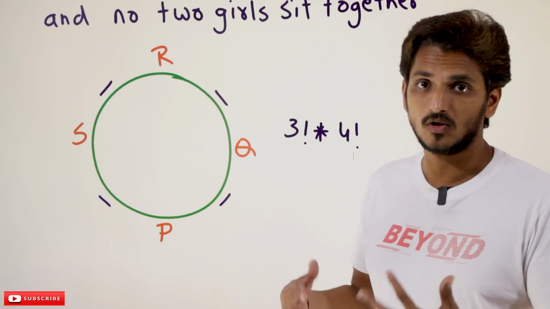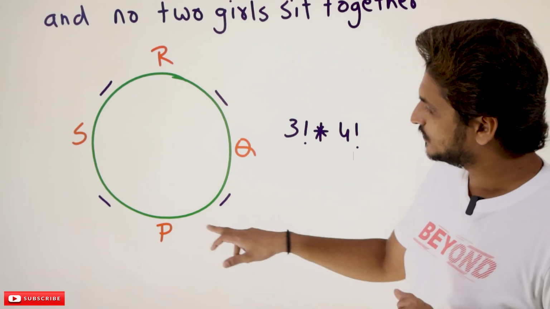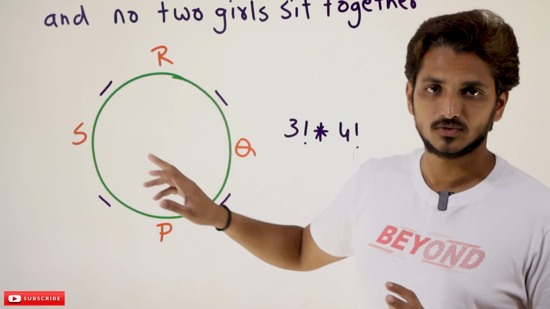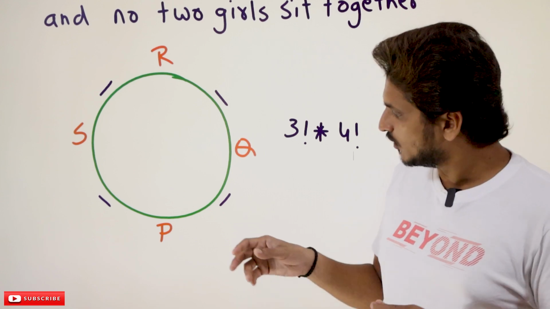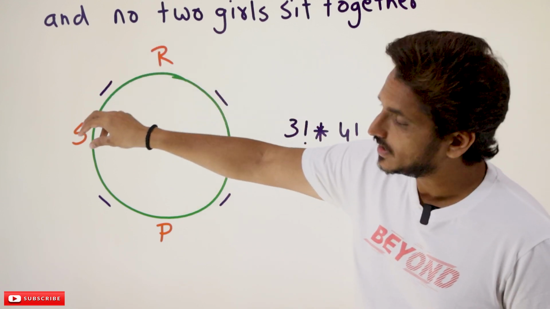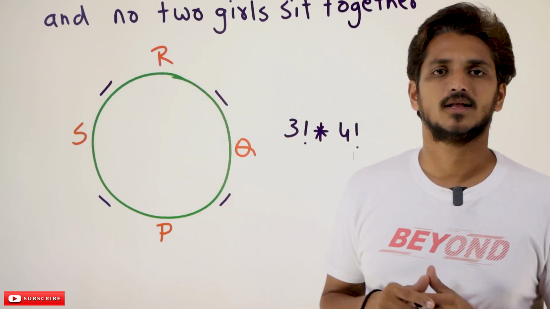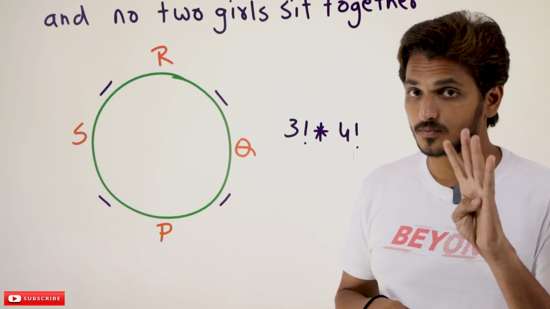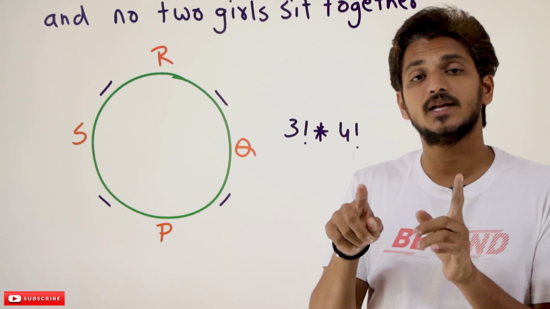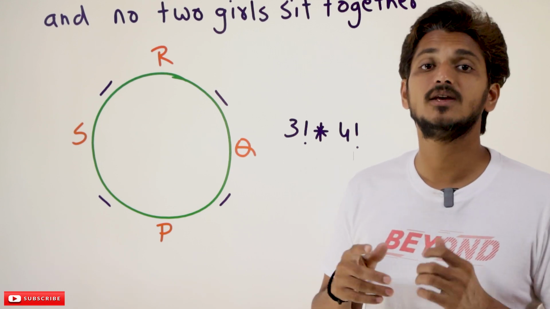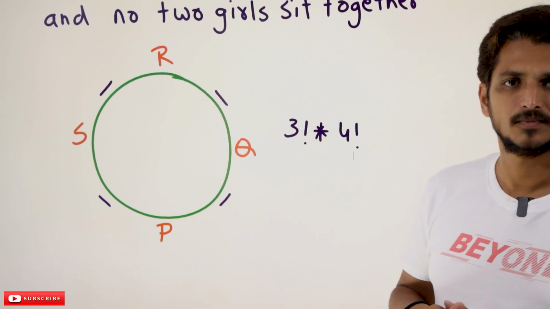Now how to solve this? Let's take P, Q, R, S, only the boys. Now we are going to arrange these boys in circular order. 4 boys can be arranged in circular order in 4 minus 1 factorial ways, which means 3 factorial ways.